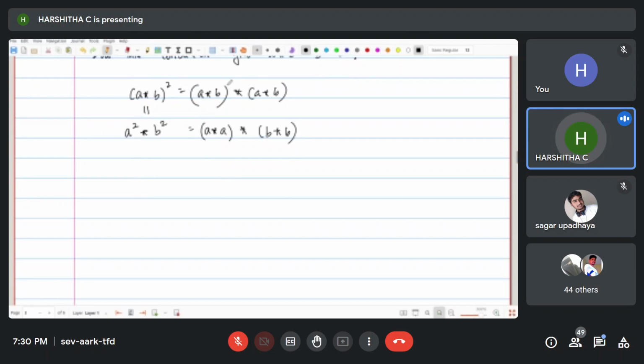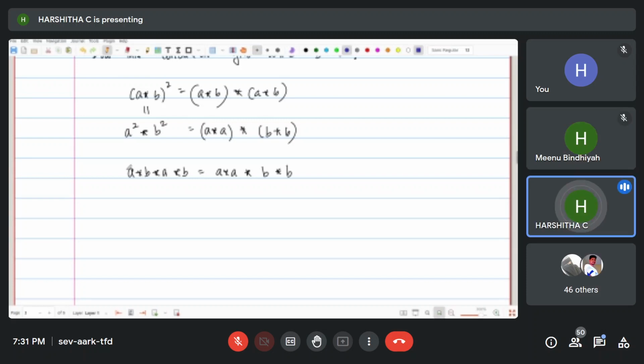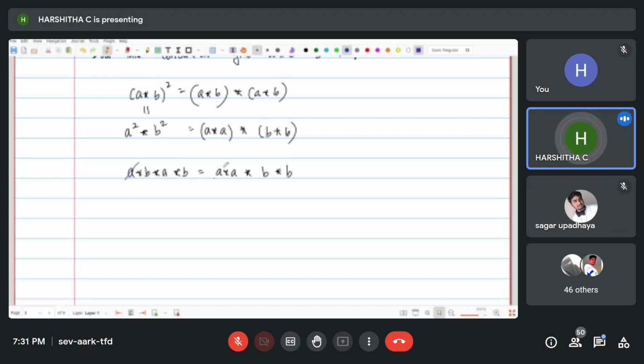Because of associativity, these brackets can be removed. So what we have is A star B star A star B equal to A star A star B star B. So the important word he used is cancellation. What he did is cancel this A on the left side, cancel this B on the right side, and said B star A equal to A star B.